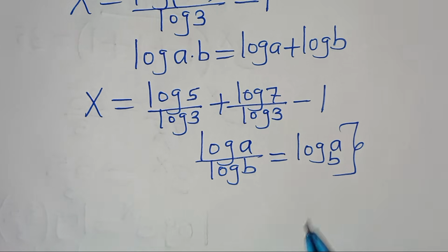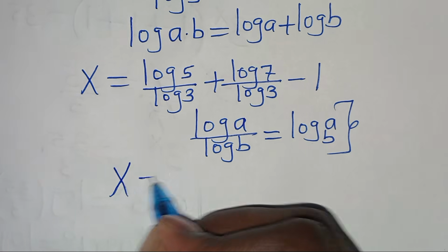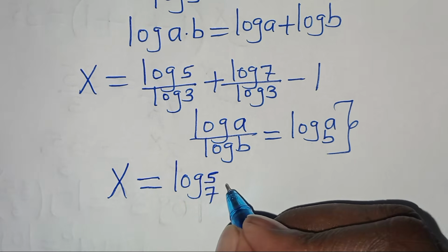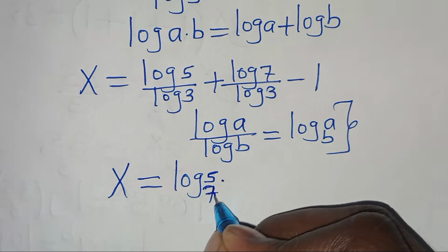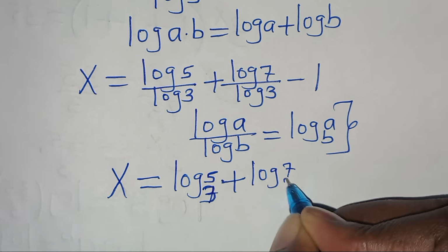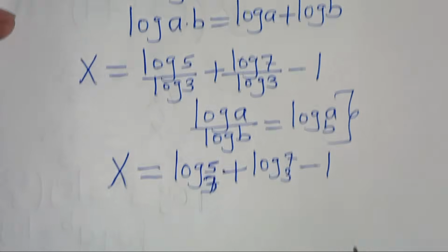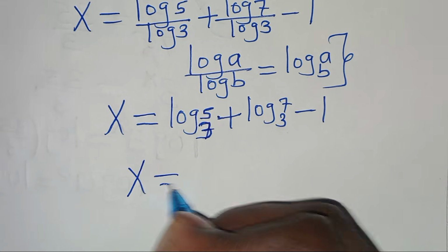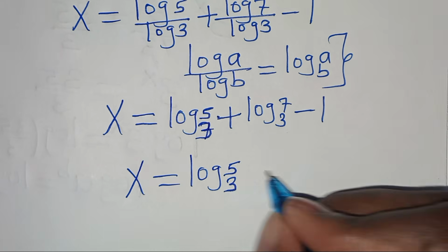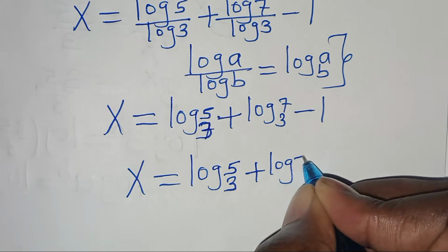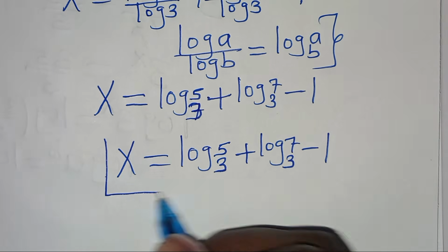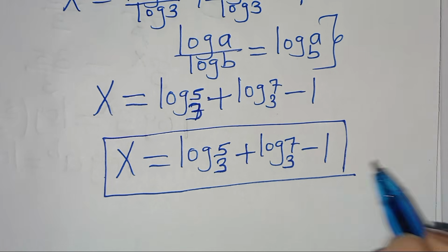Let's apply this property, so that now x is equal to log 5 to base 3, plus log 7 to base 3, subtract 1. So this is the value of x.